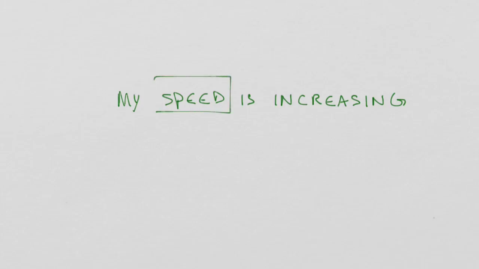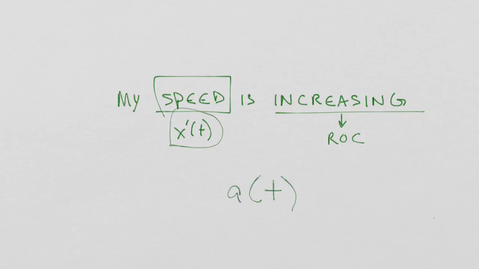As soon as I talk about speed, I'm talking about a derivative. This is my derivative of my position. And as soon as I talk about something increasing, this is talking about a speed as well. So we're talking about a rate of change. Increasing is a powerful word that causes us to think about a rate of change. And so we're talking about the rate of change of a rate of change. So if we talk about my speed increasing, I'm talking about my acceleration at a certain moment, and that is, as it were, the derivative of the velocity.